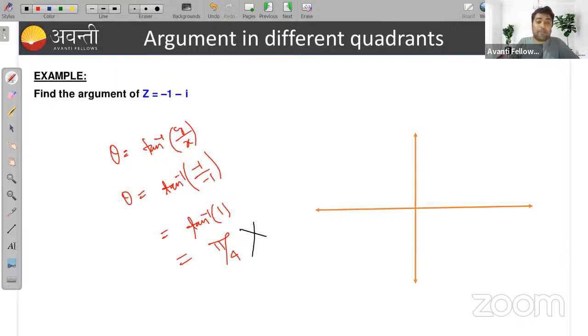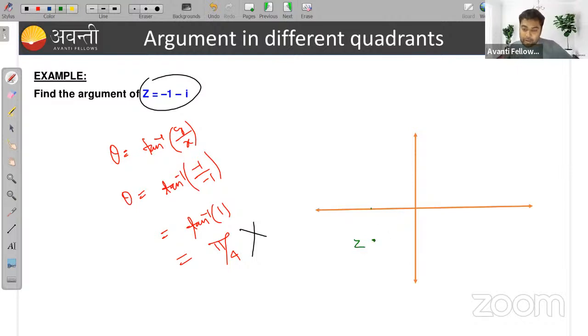Because of where this complex number is lying. Can you tell me where the complex number -1 minus i is lying? It is lying in the third quadrant. Yes or no? So suppose this is -1 minus i, my complex number z.